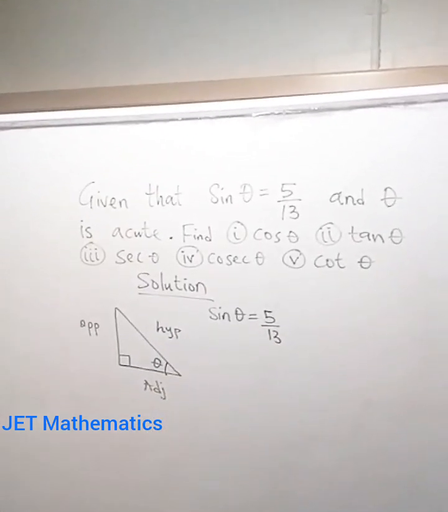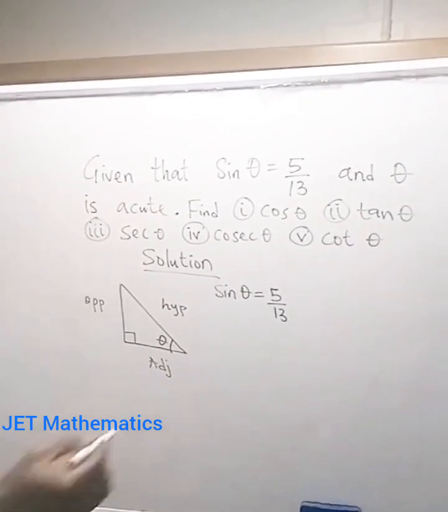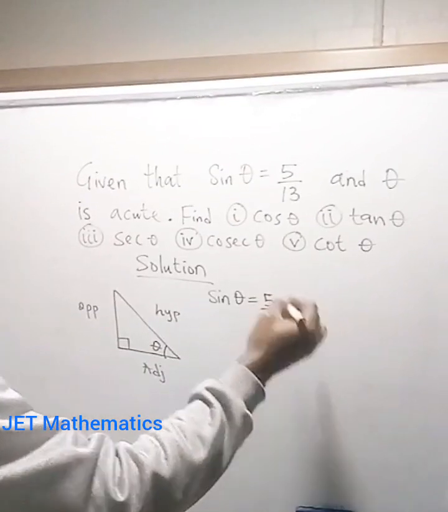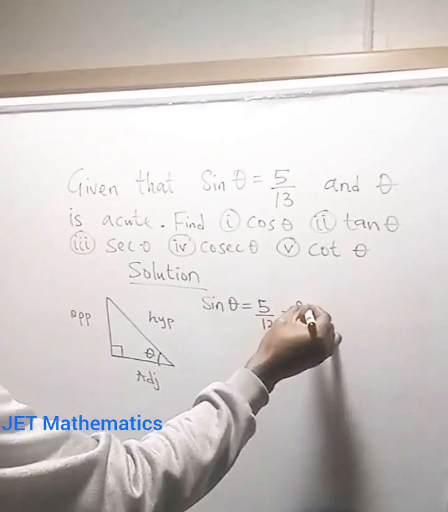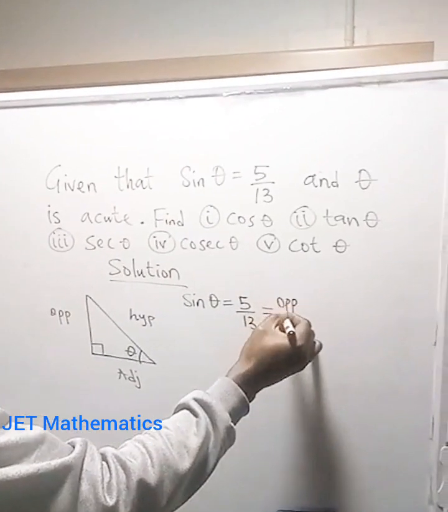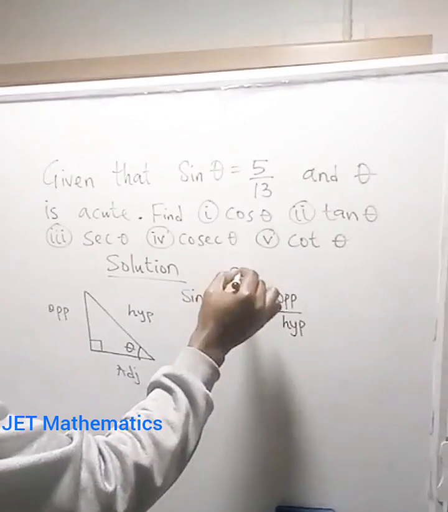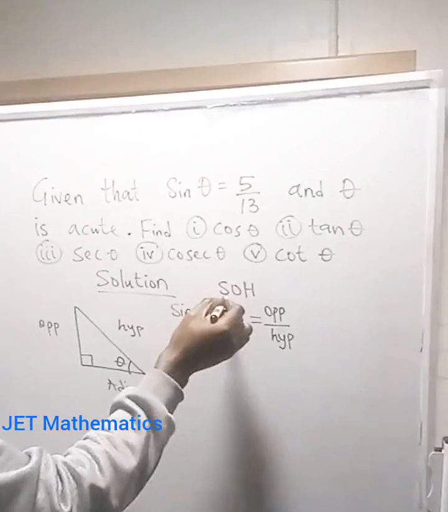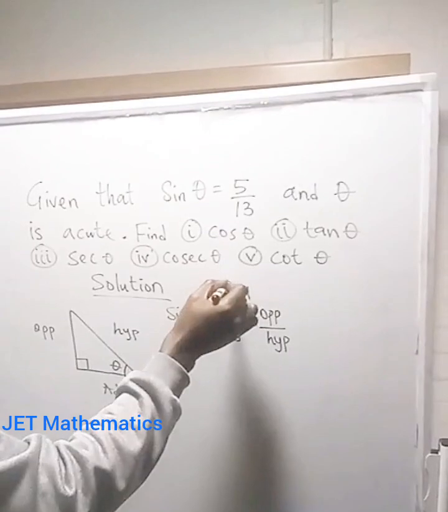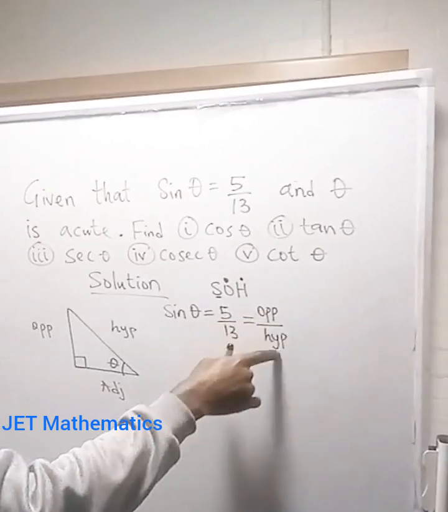And then we remember from the formula we established before that sine theta is opposite over hypotenuse, right?